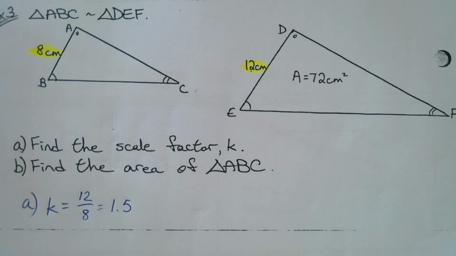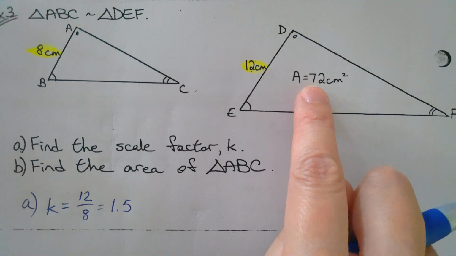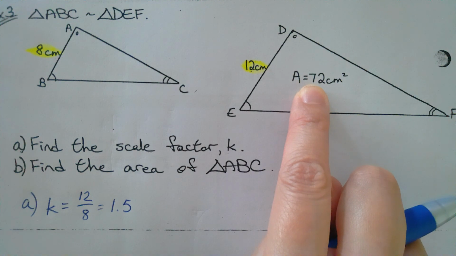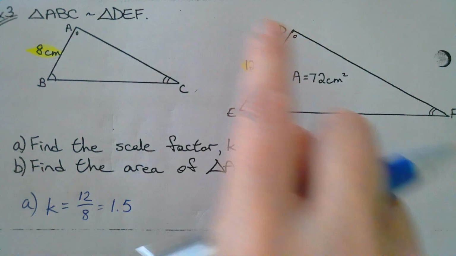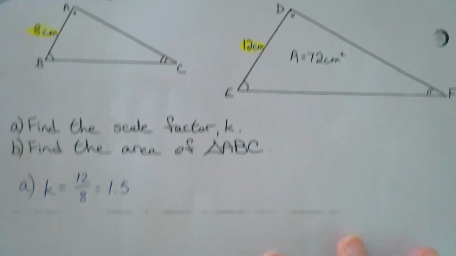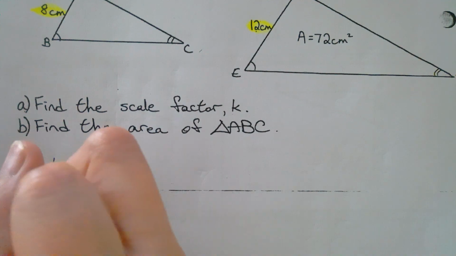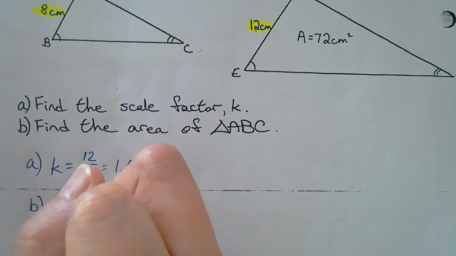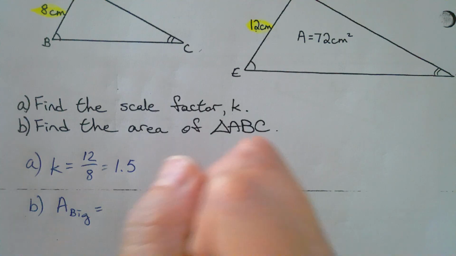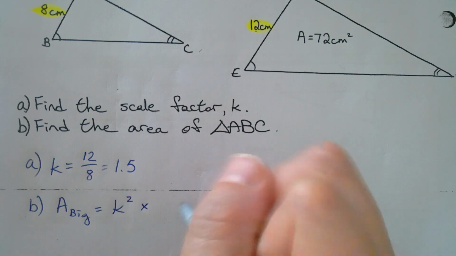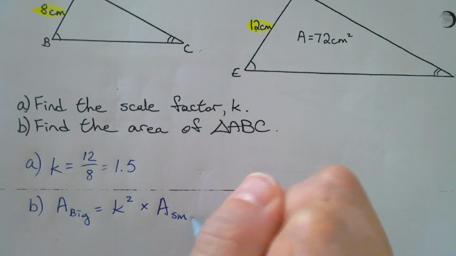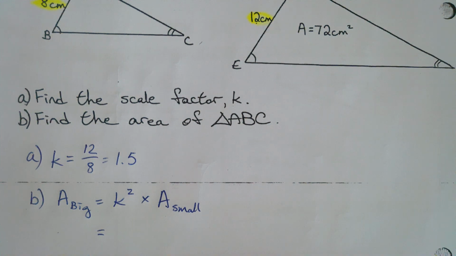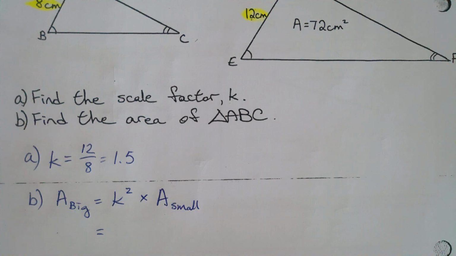Does that mean for the area I just divide by 1.5? What am I dividing? Use the formula. We just came up with the formula, remember? Area of the big is k squared times the area of the small. That was like 2 minutes ago, guys. So what's the area of the big triangle?